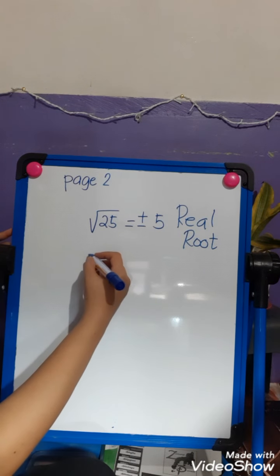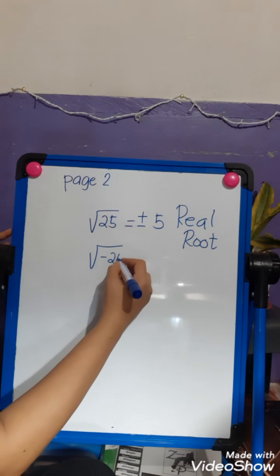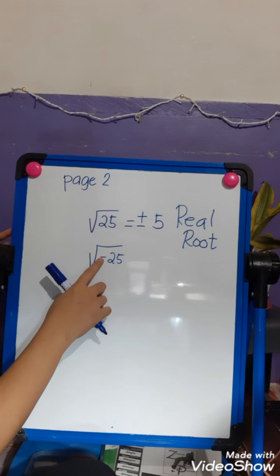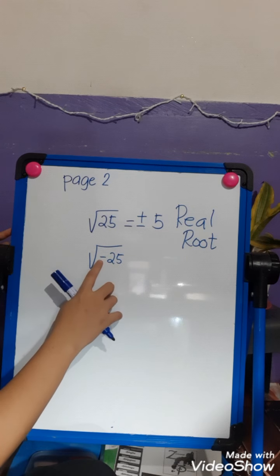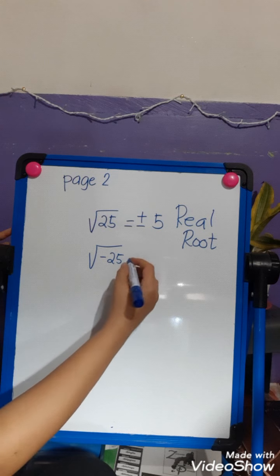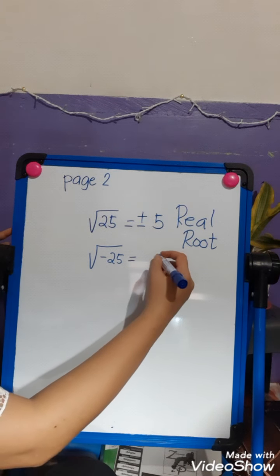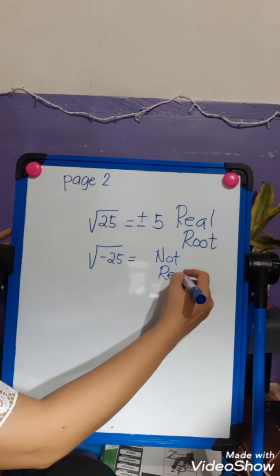Now, suppose we have the square root of negative 25. So take note, the negative sign is inside the radical symbol. Inside. So, the answer is not real.